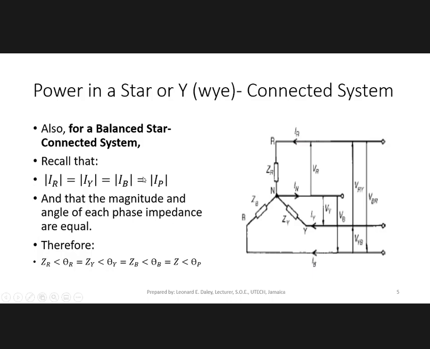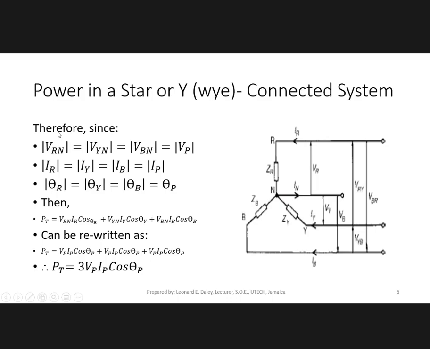And so we call all of those IP, for I phase, the phase current. All right. We also know that for a balanced system, based on what we did last week, the magnitude and angle of the impedances are the same in each phase, right? So ZR angle theta R would be equal to ZY angle theta Y equal to ZB angle theta B equal to some impedance at some angle. So all of these are equal, right?